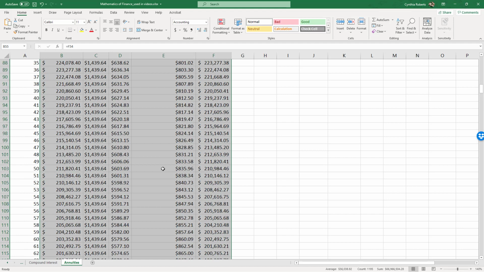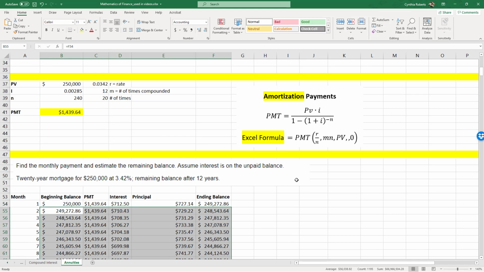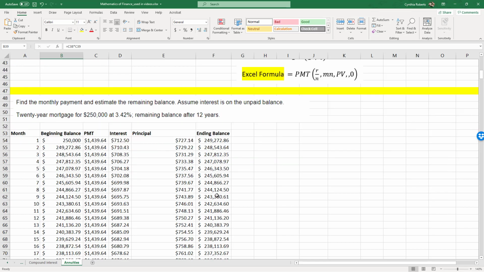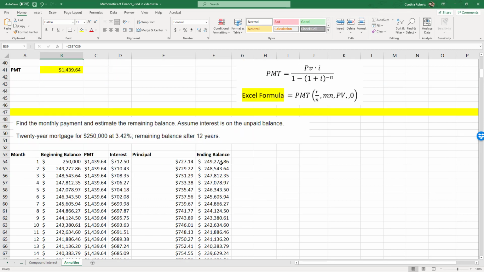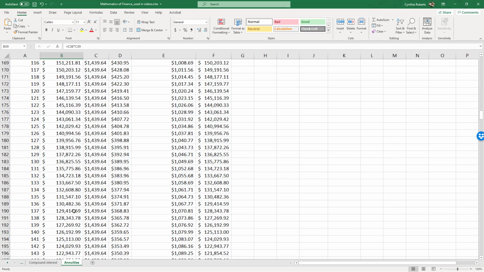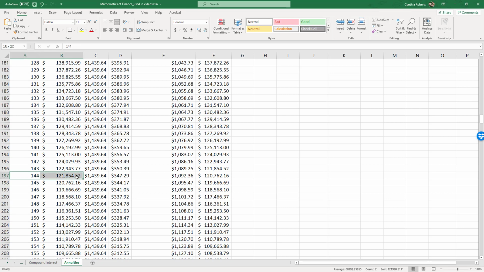The reason I knew it was 240 is because it was 20, so 20 times 12. However, the question is asking the remaining balance after 12 years, and remember it's monthly, so 12 times 12 is 144. And you will see this value is the answer.